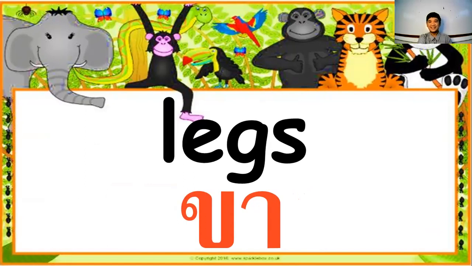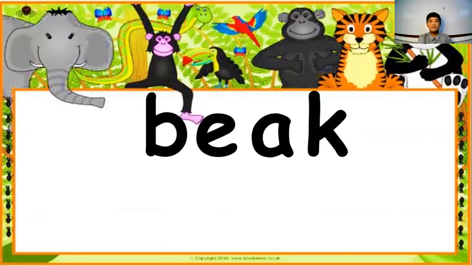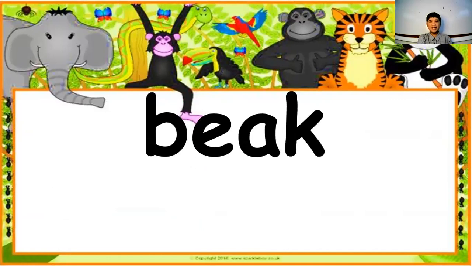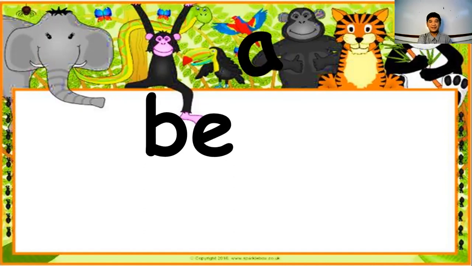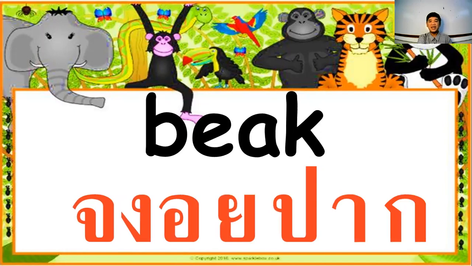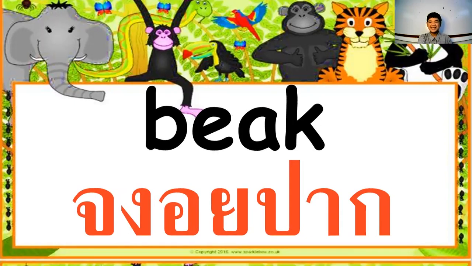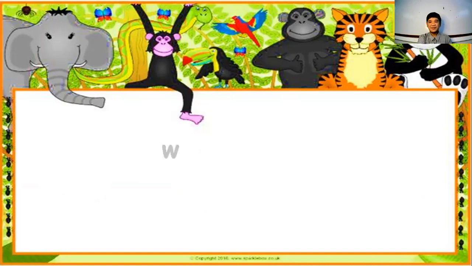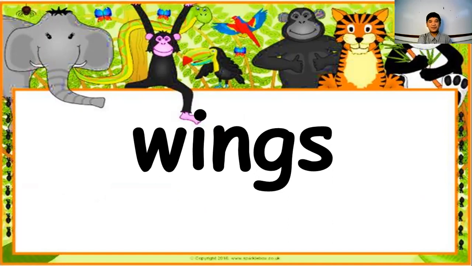Very good. Next, beak. Everybody say beak. So that is the meaning of beak. Again, everybody say beak. Very good. Next, wings.